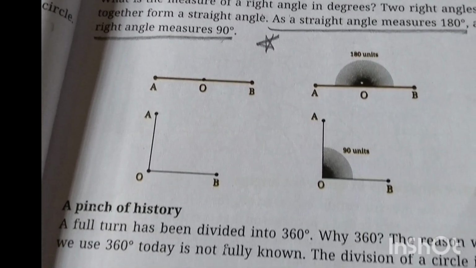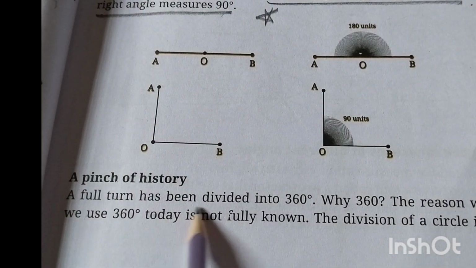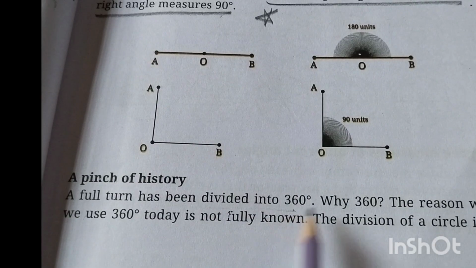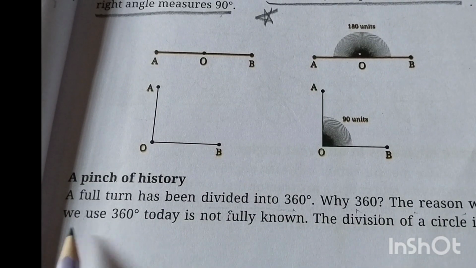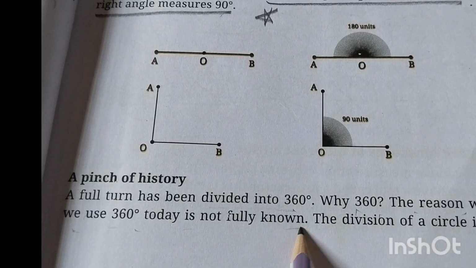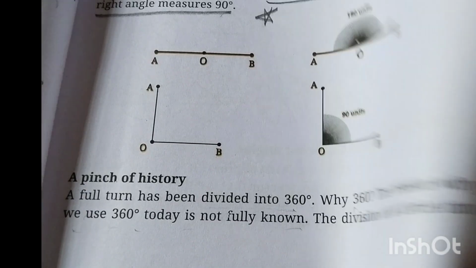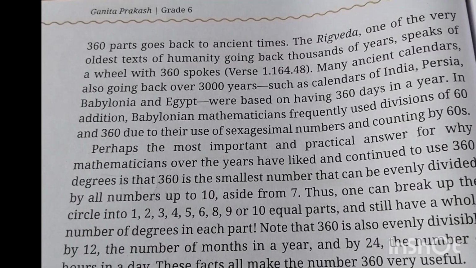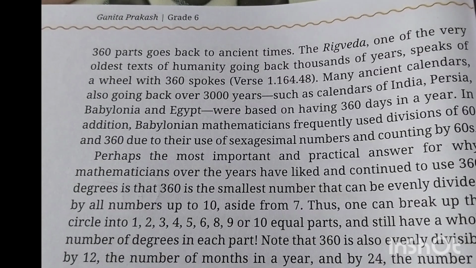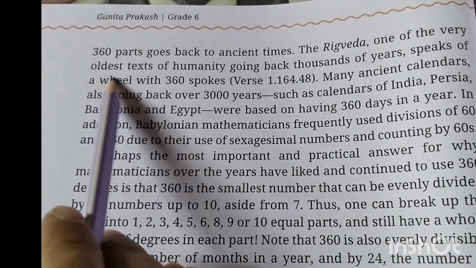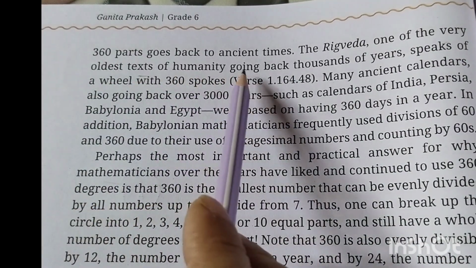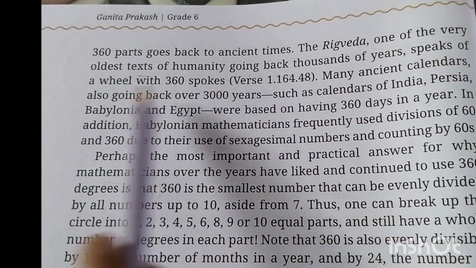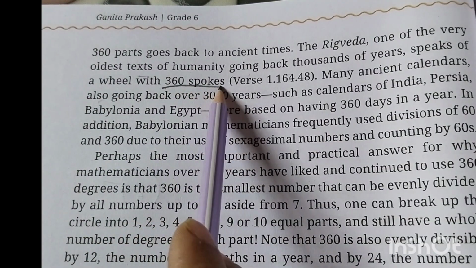Now, a pinch of history. A full turn has been divided into 360 degree. Why 360? The reason why we use 360 today is not fully known. The division of a circle into 360 parts goes back to ancient times. The Rig Veda, one of the very oldest texts of humanity, going back thousands of years, speaks of a wheel of 360 spokes.